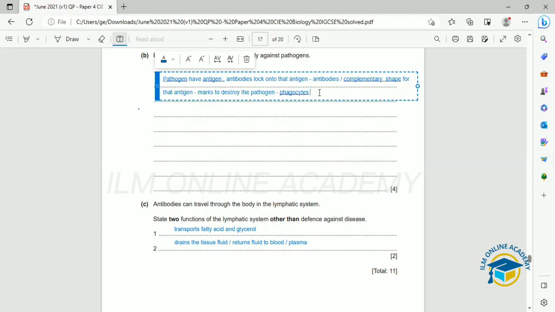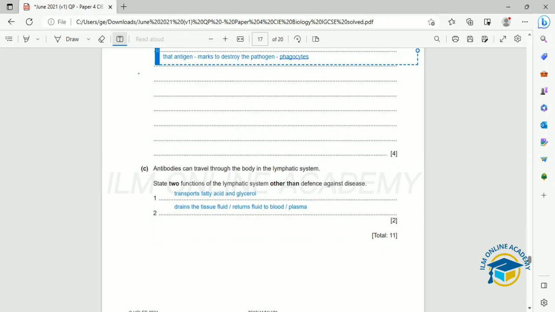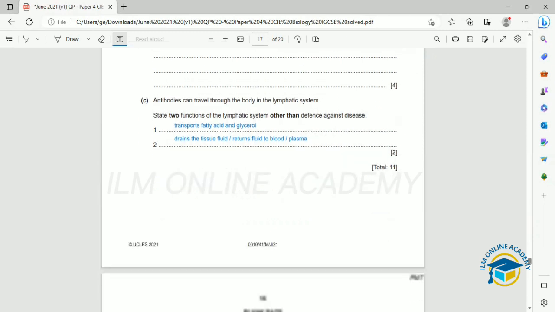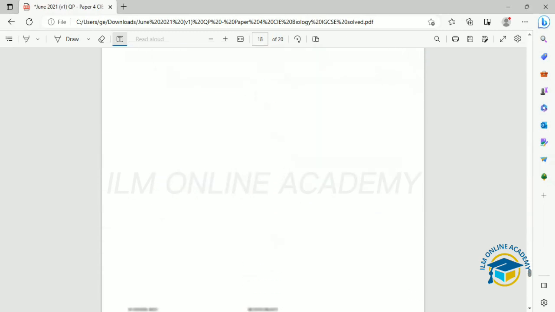Phagocytes work by ingesting the pathogen inside themselves. They are pathogen eaters. They would ingest the pathogen in themselves and then destroy it. And now it's clear, I guess. That would be it for this lecture. I hope you understood.